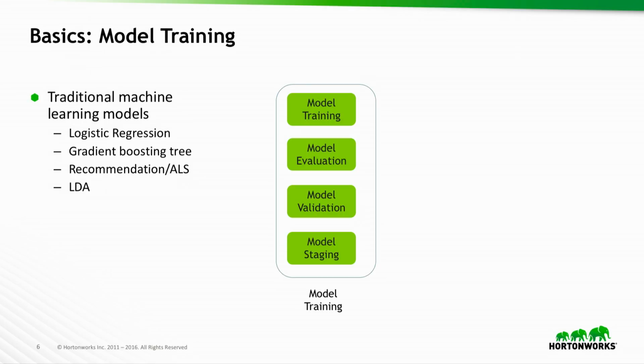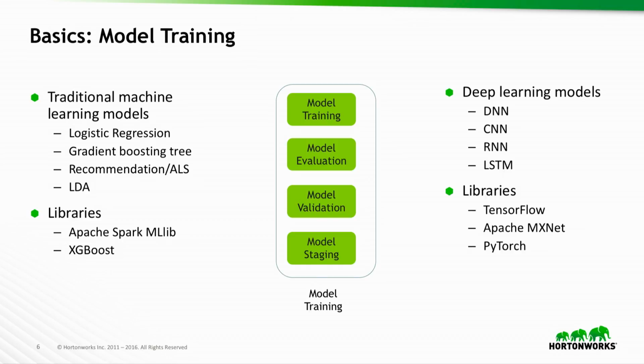They include logistic regression, gradient boosted trees, recommendation algorithms, and LDA. There are many other kinds of models like this. Typically, we will use Apache Spark MLlib, or XGBoost, and many others like LibSVM, etc. to do this model training.